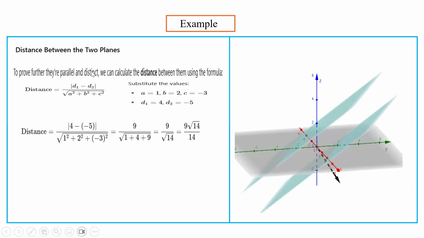Now we'll work an example to further show that if they're parallel and distinct, we can calculate the distance between them using our formula. When we have our D values, we input them into the formula, with the original equation's coefficients under a square root as the denominator. Then we substitute our values.